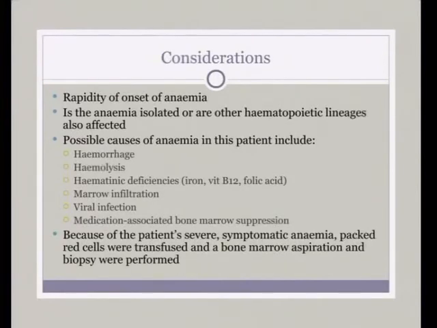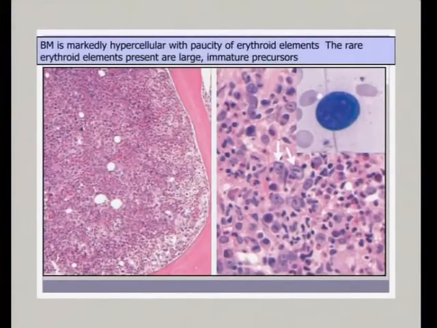And then a bone marrow aspirate was done together with a biopsy, and this is what was seen. It's hypercellular. You can easily see that. Paucity of erythroid precursors, with these large pronormoblasts and virtually no maturation in the bone marrow.